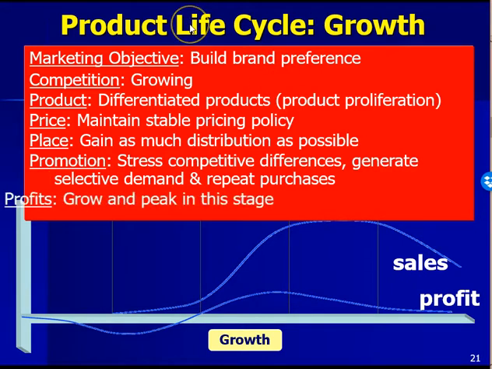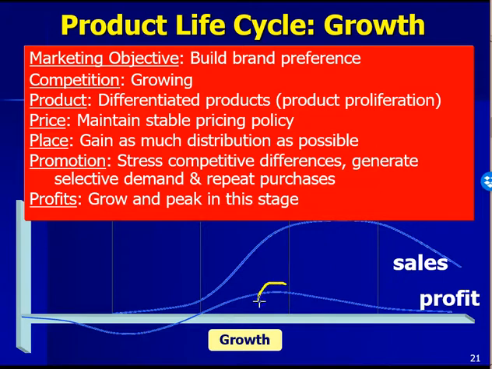And then finally, when we're talking about what can we expect from profits, profits grow and peak in this stage. So just when they start decreasing, that's actually how we know we're entering the next stage. Now notice sales are still high, and they might start to be leveling off, but the goal here is for you to know that profits peak in the growth stage.